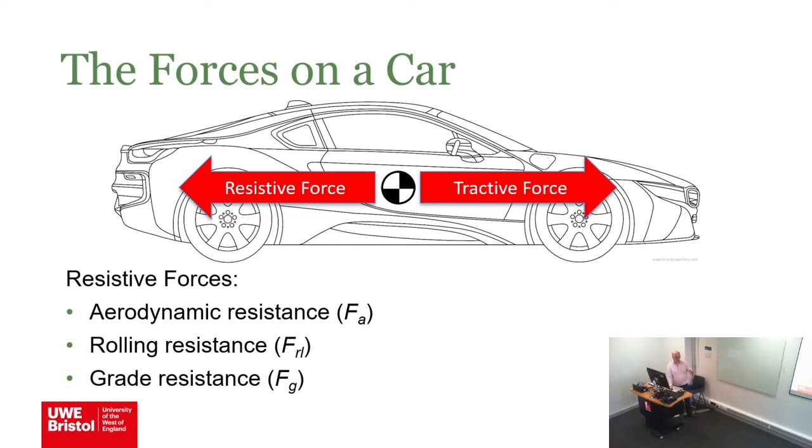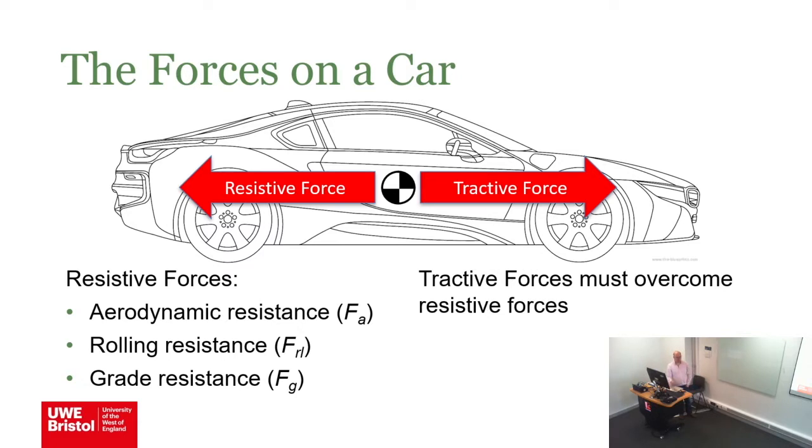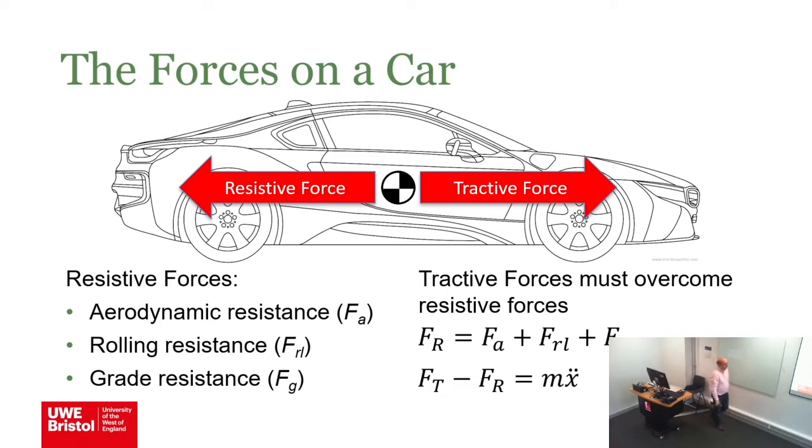The tractive force clearly must overcome those resistive forces for the vehicle to accelerate. Okay, and so you've got FR, which is all our resistive forces. There are these three things added up together. And Ft, which is what we call the tractive force, minus the resistive forces gives us the acceleration.